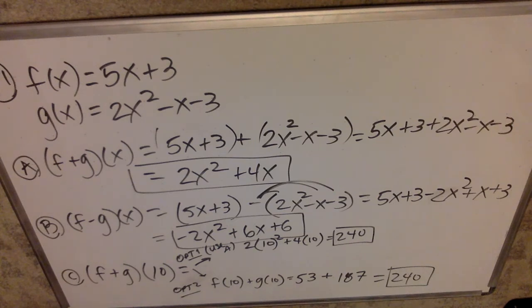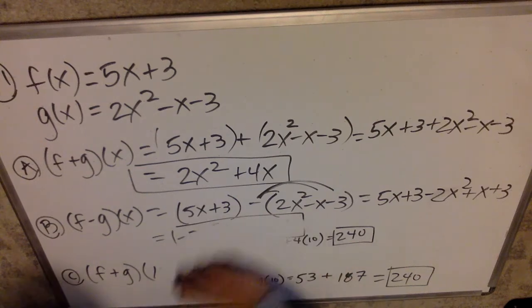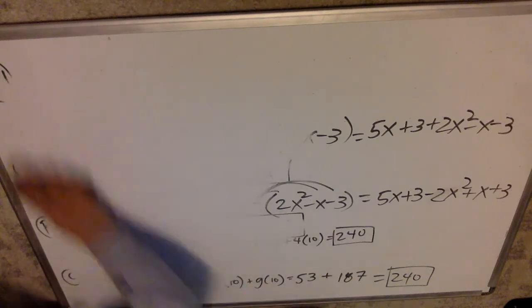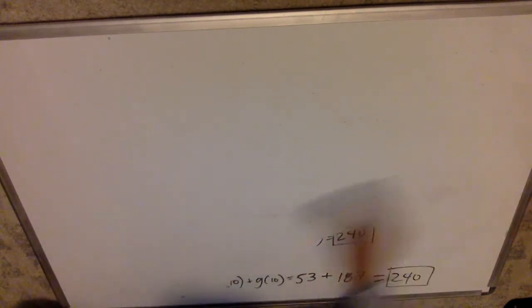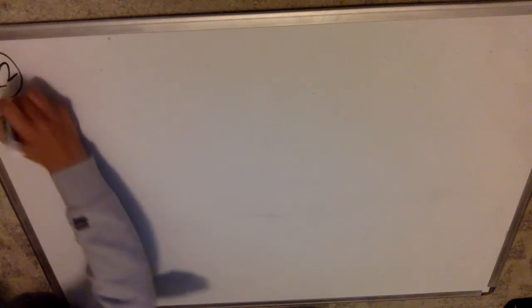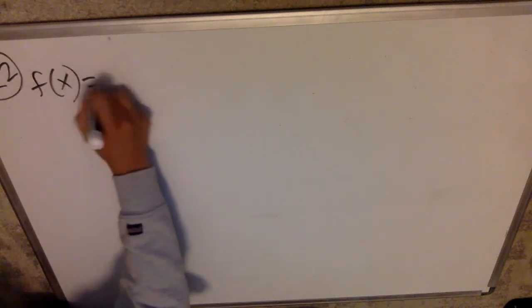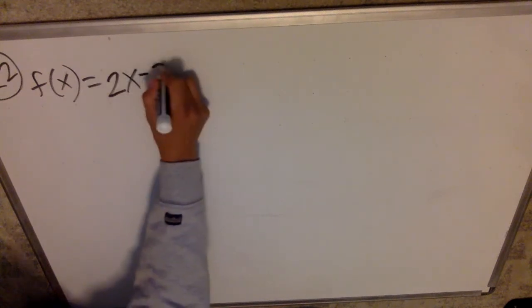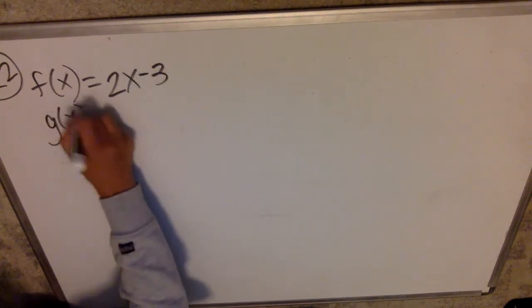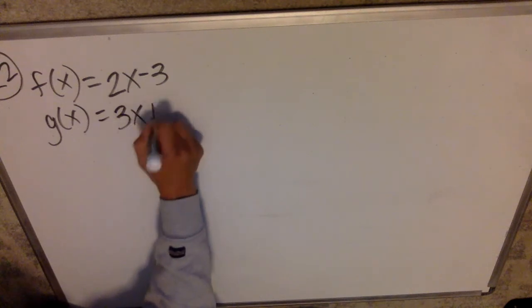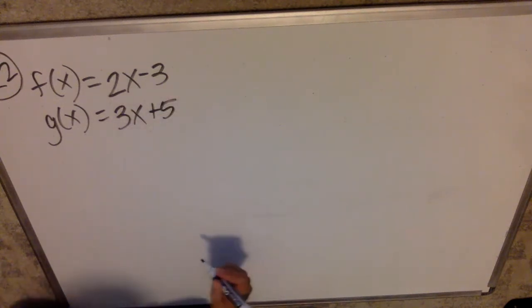All right, so we're gonna stop that video here, and then actually no, let's do an E2 P2 that has multiplication and division, and then we'll stop the video after that, and we're gonna get some progressively harder problems. All right, so E2, P2. For E2, we're gonna say f of x equals 2x minus 3, g of x equals 3x plus 5. Cool.